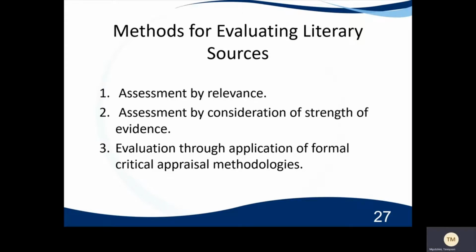So if the literature you're reviewing is newspaper articles, and someone else has literature that comes from academic journals, then we would be able to say the first piece of literature's weakness is that it comes from a source that is considered to have a lower strength of evidence than a published peer-reviewed article.